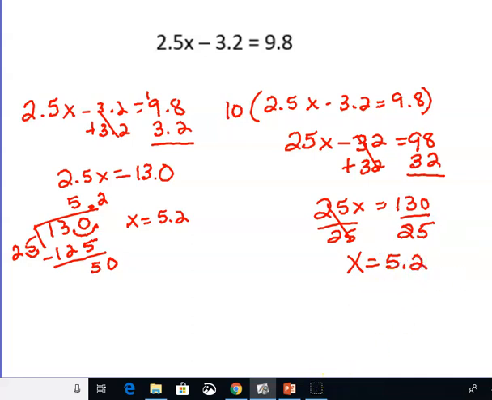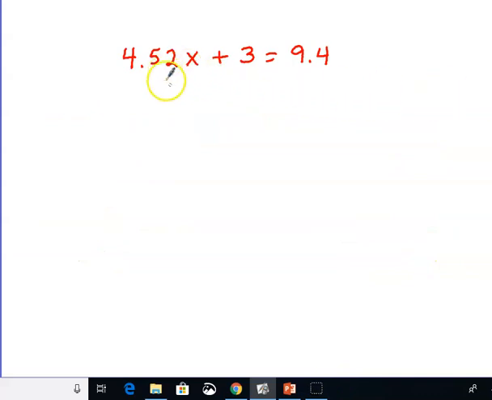So if you see a problem where your decimals are all over the place, there's two numbers after this decimal, this has no decimal, there's only one number after the decimal, look at the one that's got the most numbers after the decimal and count 1, 2. That means you need to multiply by something that has 2 zeros.